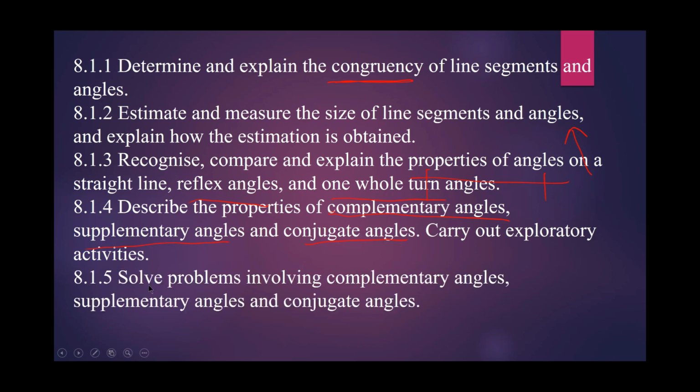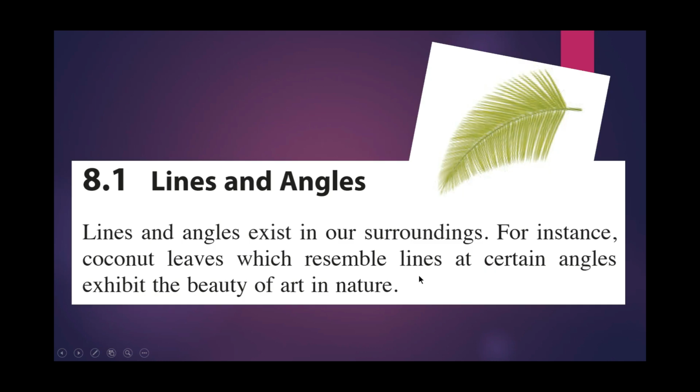So lines and angles exist in our surroundings. For instance, the coconut leaf, which resembles lines at certain angles. We have all the lines over here that exhibit the beauty of art in nature. After that, congruent line segments. What is a congruent line segment?